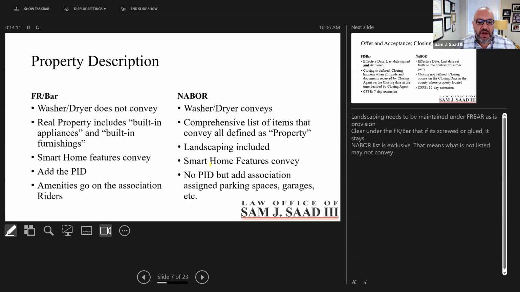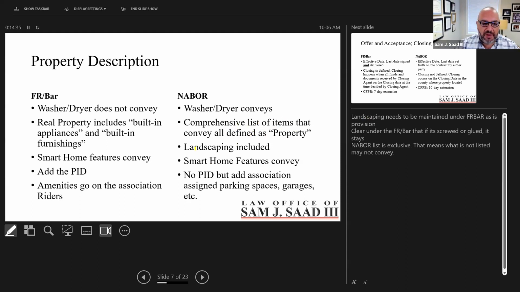So if you've got a parking space, a garage, a cabana, you would put that right on page 1 of the NABOR contract, whereas FRBAR, if you're conveying in a homeowners association or a condominium, you would use the correct association rider and put the amenities list there.